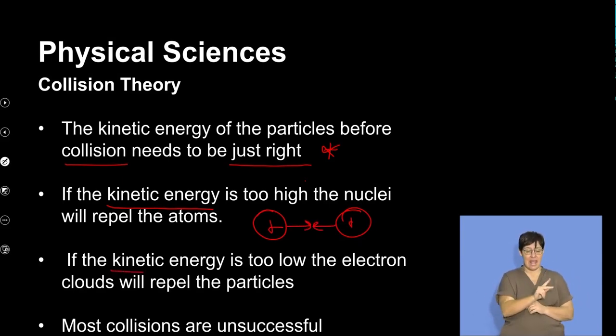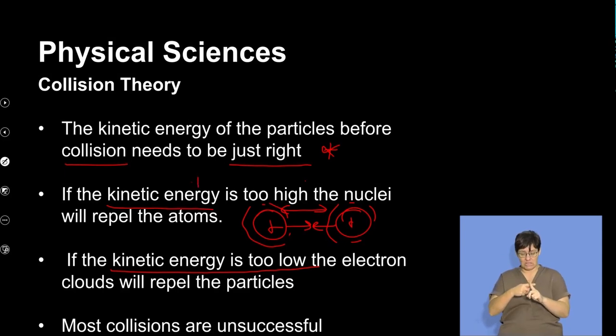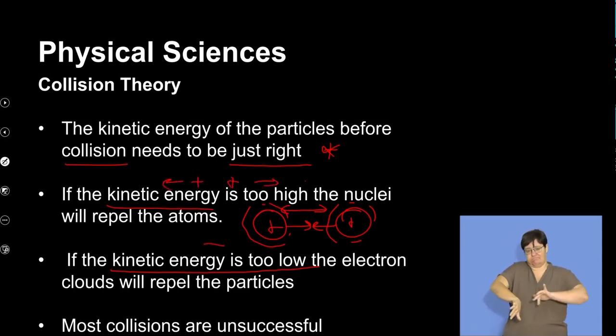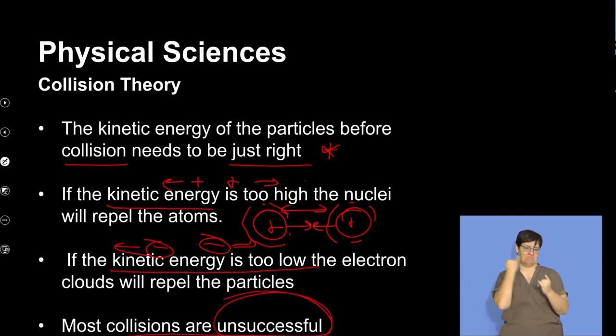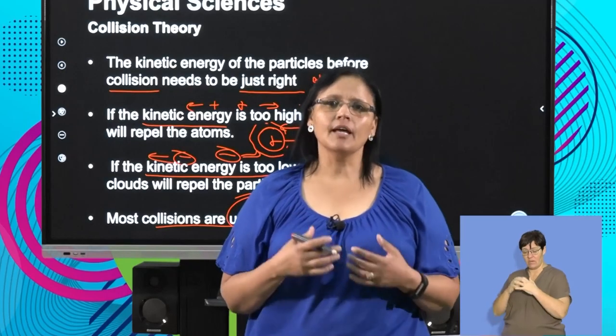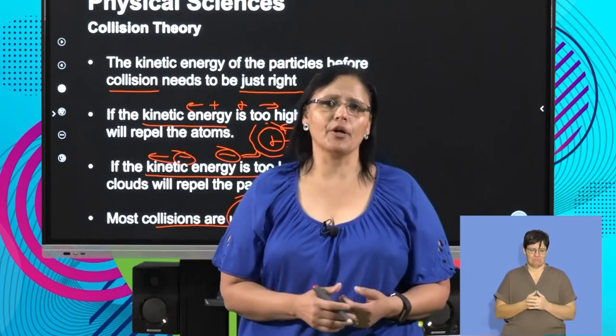If that kinetic energy is too low, the electron clouds around the nucleus will start to repel each other. So too high, the positive and the positive will repel each other. Too low, the negative and the negative will repel each other. But if that happens, we say that the collision is unsuccessful. That collision that's unsuccessful will not ever result in a product.